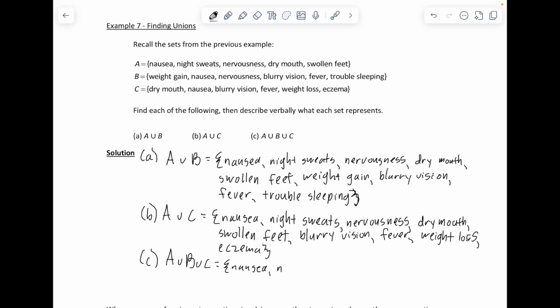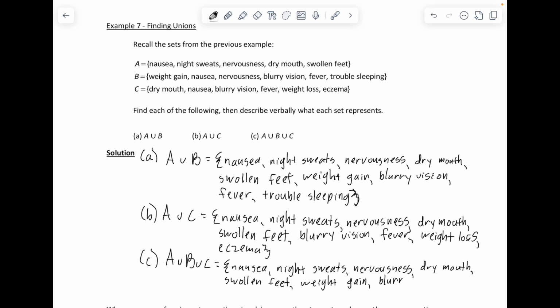Nausea, night sweats, nervousness, dry mouth, swollen feet, weight gain, blurry vision.